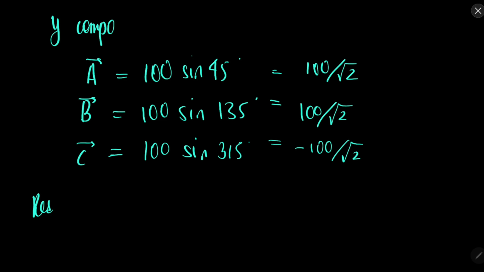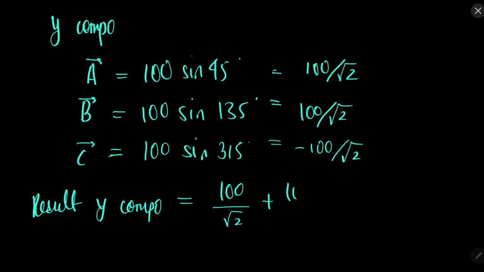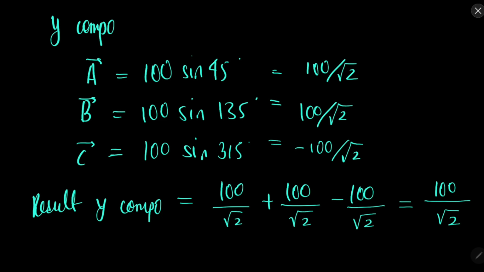Similarly, the resultant y component, adding all of these, 100 upon root 2 plus 100 upon root 2 minus 100 upon root 2, will give us 100 upon root 2 again.